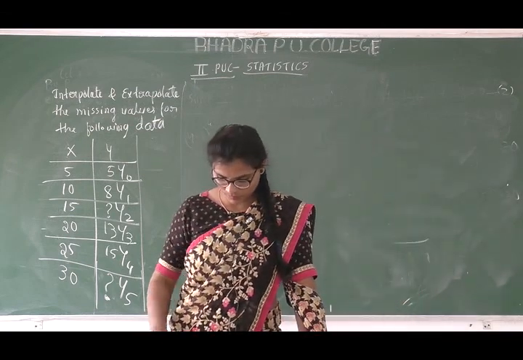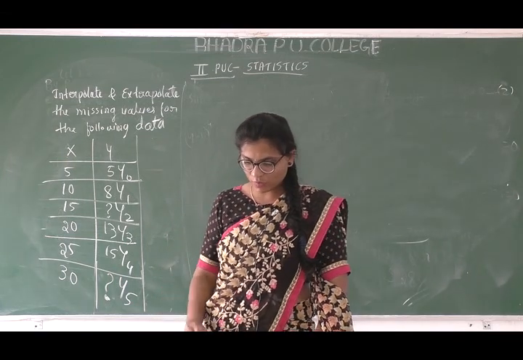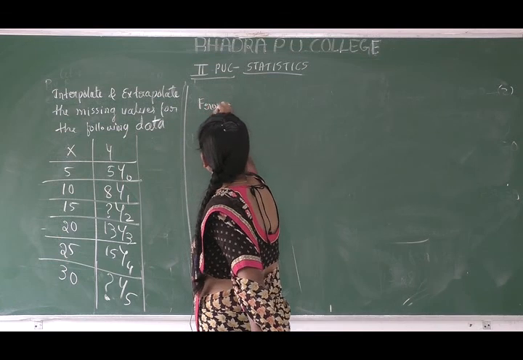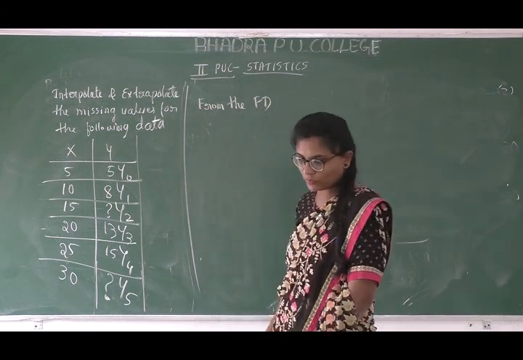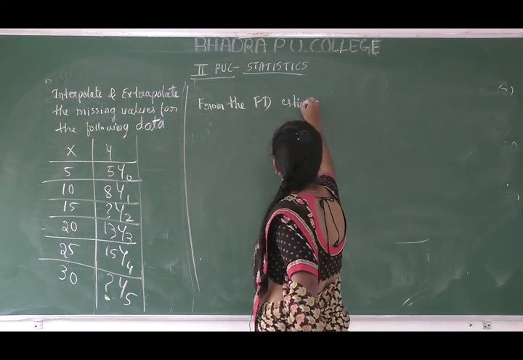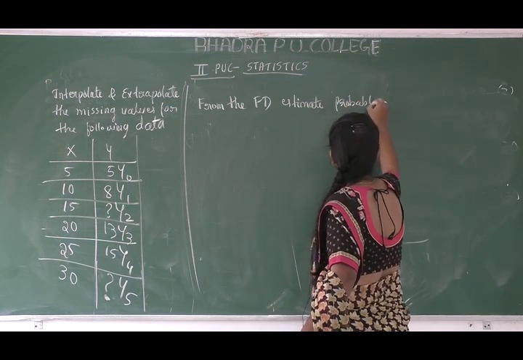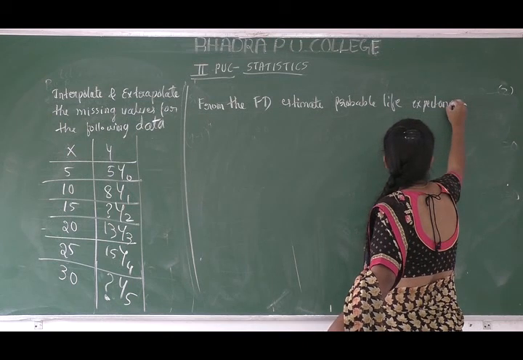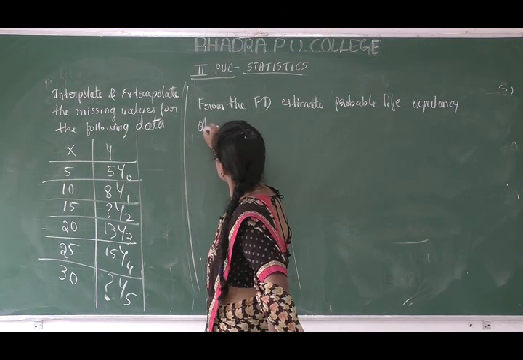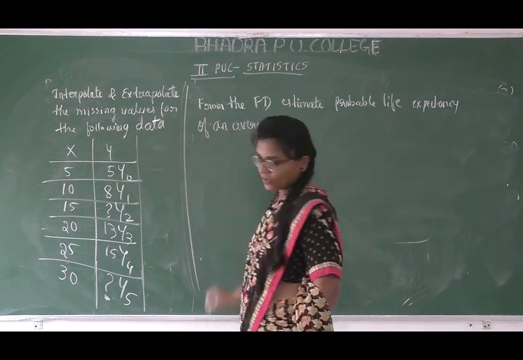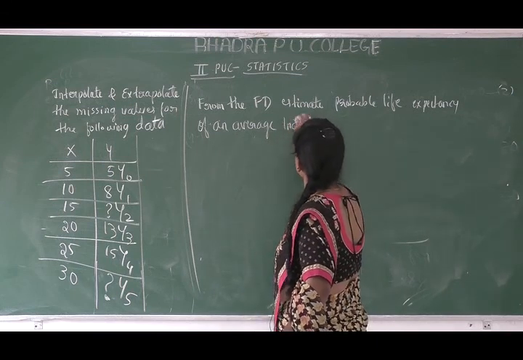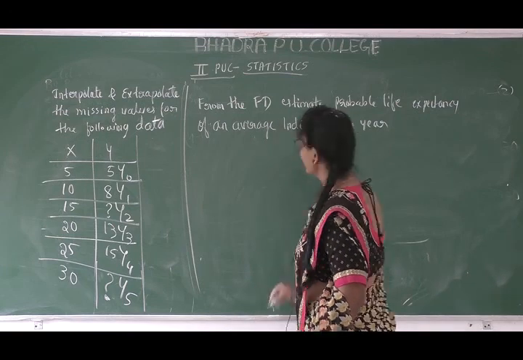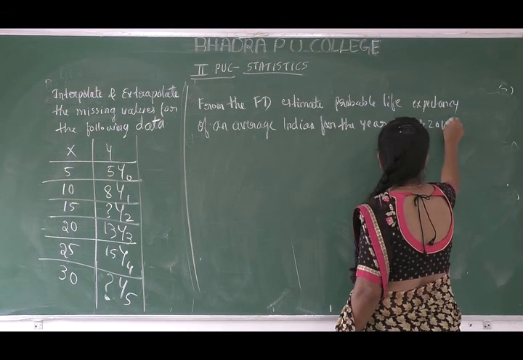Last problem. From the following data, estimate the probable life expectancy of an average Indian for the years 1980 and 2010.